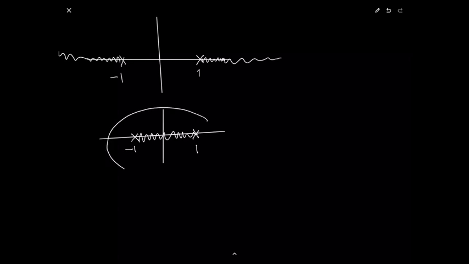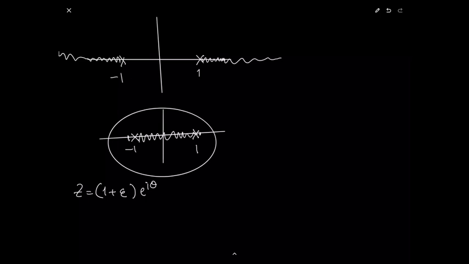So why would a loop that does this be single valued? Well, let's try it out. Let's consider a loop that I write in the following way. It has a radius which is just bigger than 1. It's centered at 0 and it's just outside the two branch points.